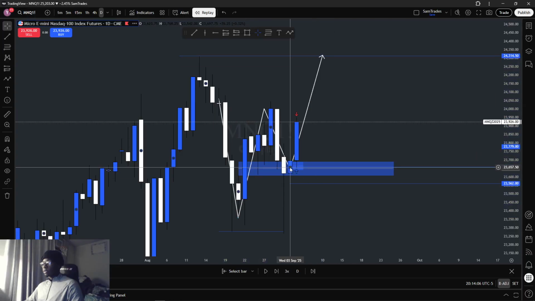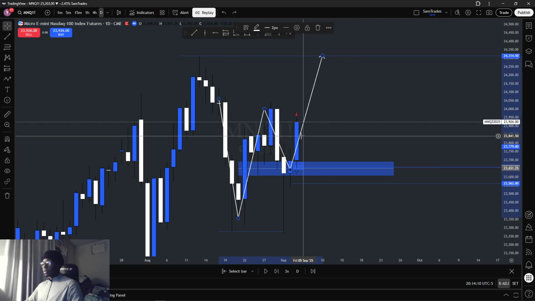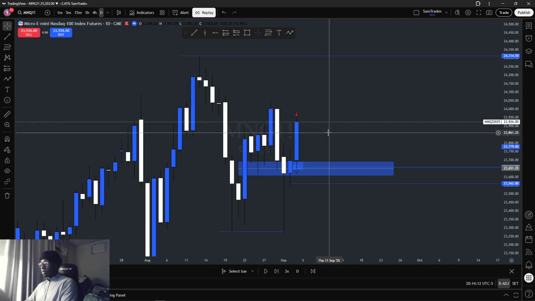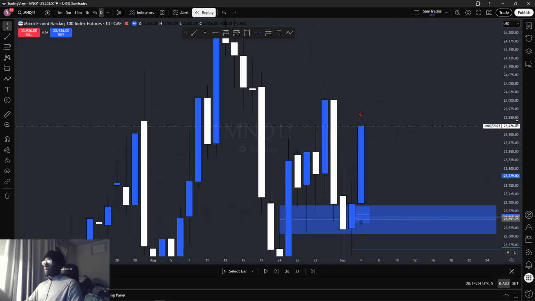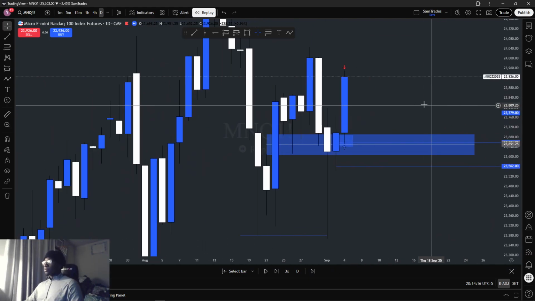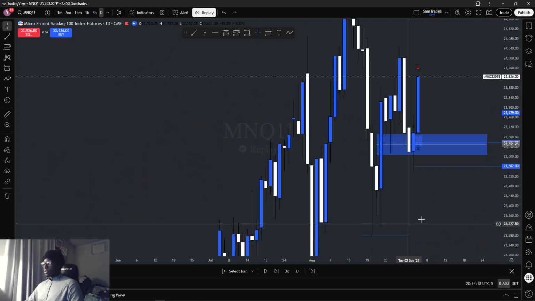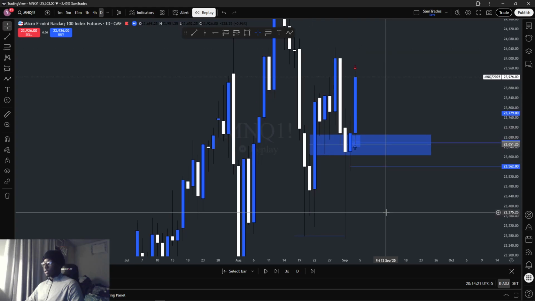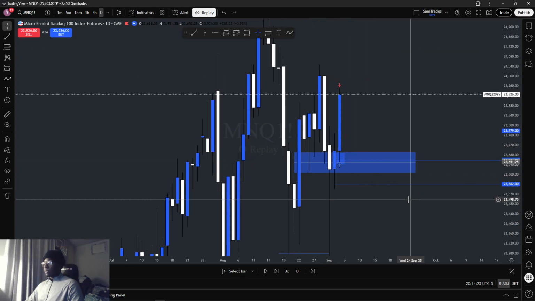I would enter at that CE once it tapped the CE. So that's my retracement model. I saw that this looks like it got swept, came up inside it and took that setup right there.